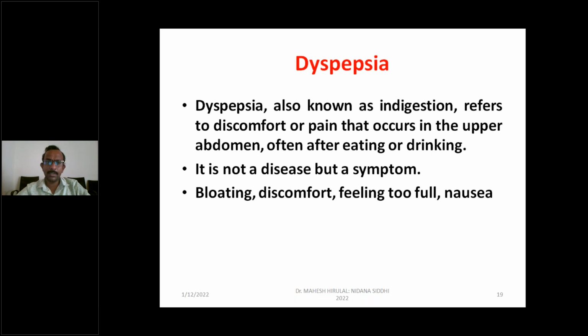If any person says indigestion, it is a simple symptom from the modern understanding. But from our understanding, it is a unique and basic part of our treatment protocol. Without understanding Ajirna or Agni, we can't write a single prescription. So the understanding of Agni and Ajirna becomes very important.